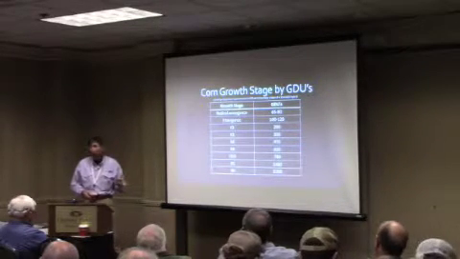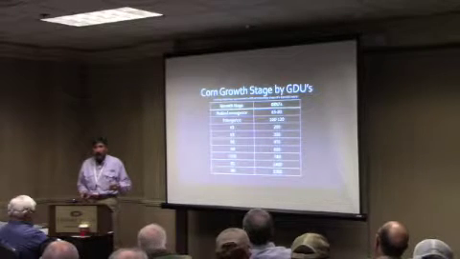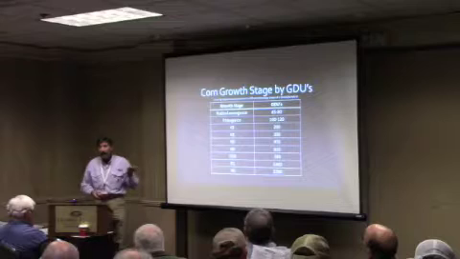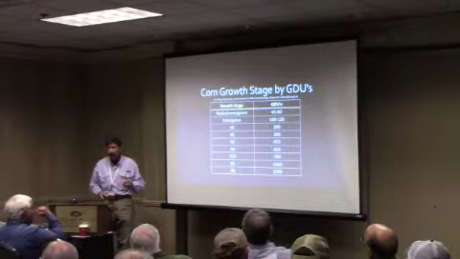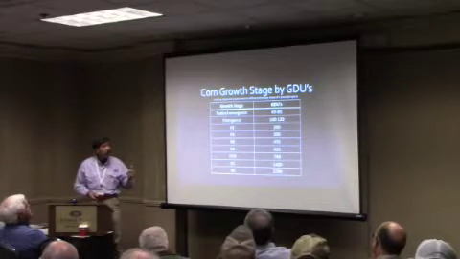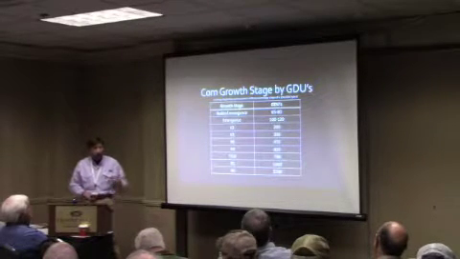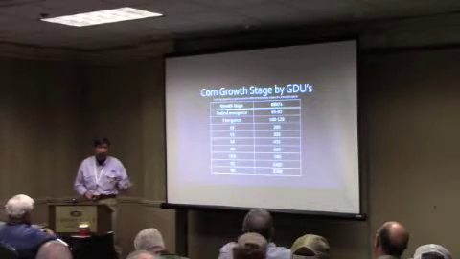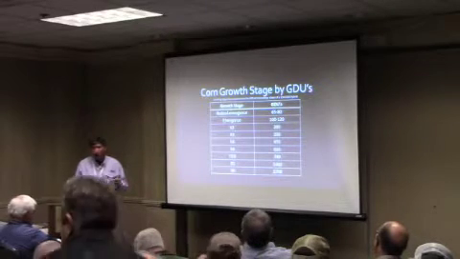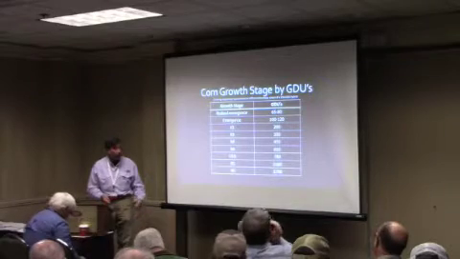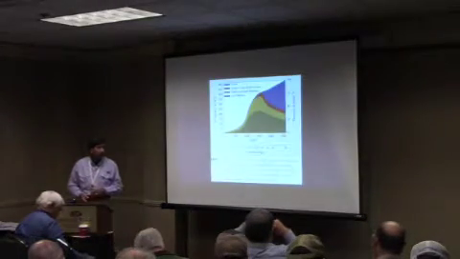And at physiological maturity, we're at 2,700 heat units. Each corn hybrid is going to be pretty specific for the heat units, whether it's 111-day corn or 120-day corn. So be sure to look at the recommendations for the hybrid and make sure it matches up with where you want to time your applications.